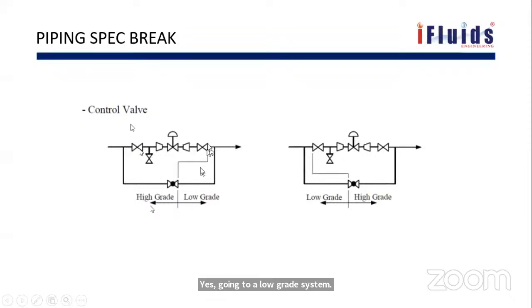So there is a transition given. And if you see here, from low grade, it is getting into a high grade. So the first valve itself will be made of high grade. So from here, the spec break is given. And of course, this will also reduce the cost.